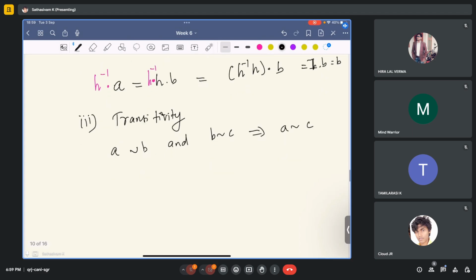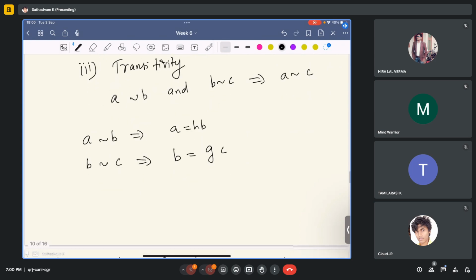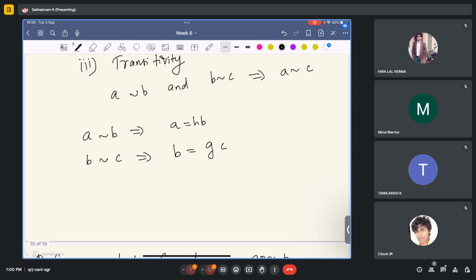So let's write down what A is related to B and B is related to C mean. A is related to B implies A equals H dot B. B is related to C implies B equals, let's say, G dot C.